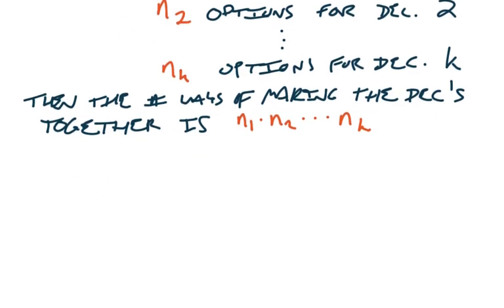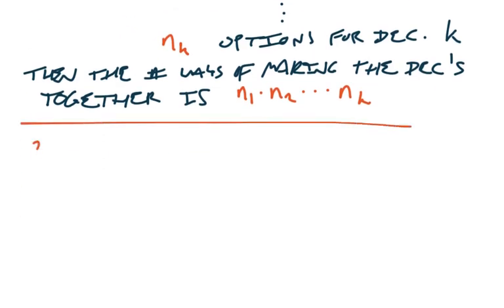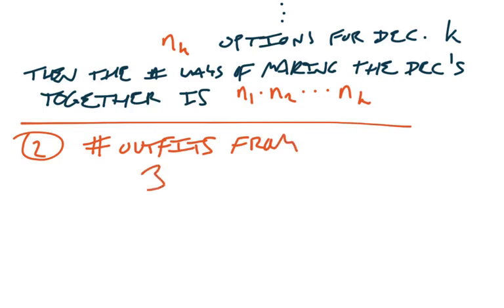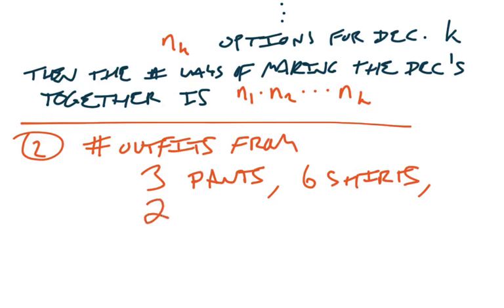All right, so we can very quickly do an example. Call it example 2. We want to figure out the number of outfits from, let's say, 3 pairs of pants, 6 shirts, 2 pairs of shoes, of course, and let's say 5 pairs of socks.